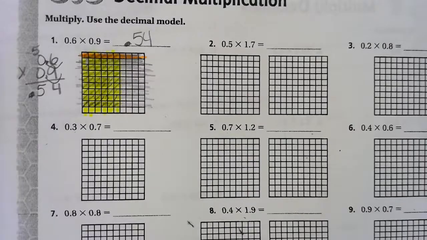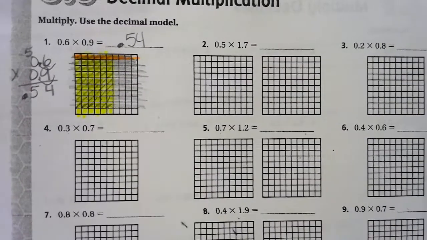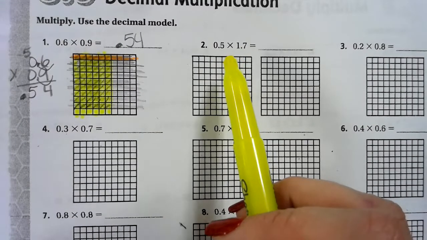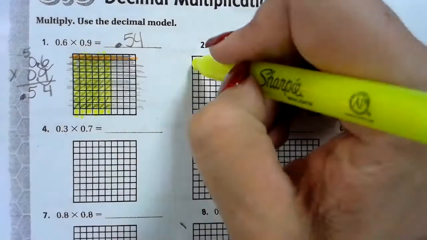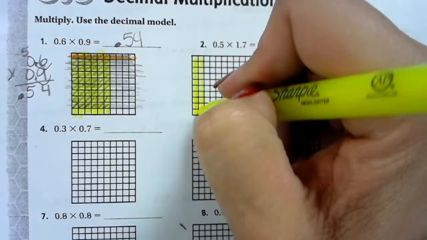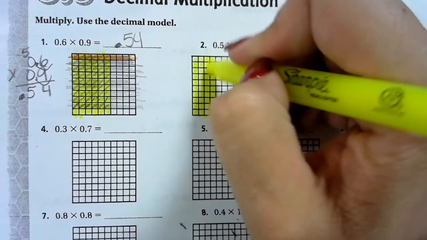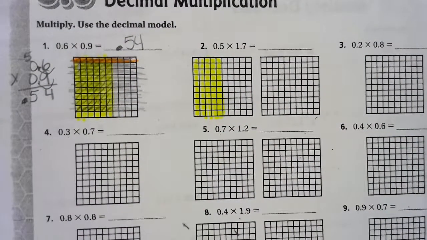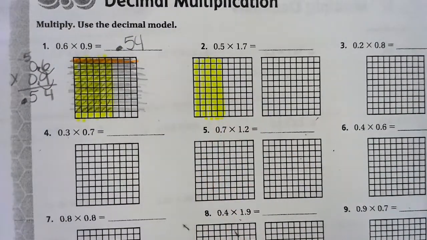So let's try another one together. First time I'm going to highlight in one color, and the next time I'm going to go with my pencil. So 0.5 or 5/10, which would be 50 of them, right? So 5/10, that's 10, 20, 30, 40, 50. So I have 50 cents there. And I'm multiplying by 1 whole, okay, 1 and 7/10.